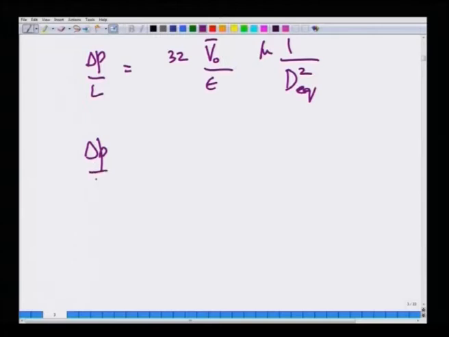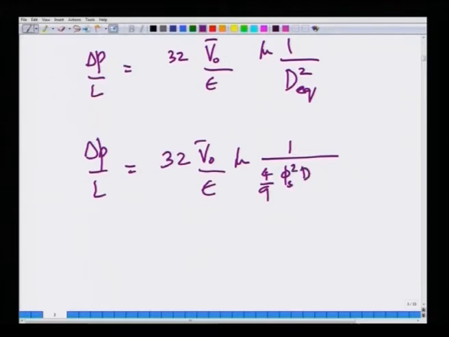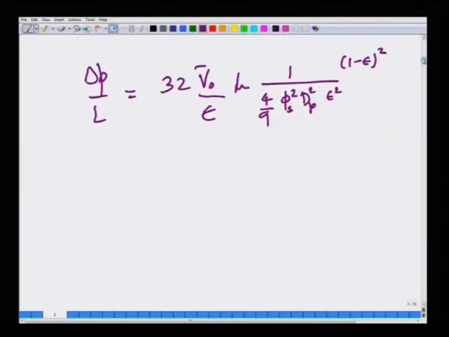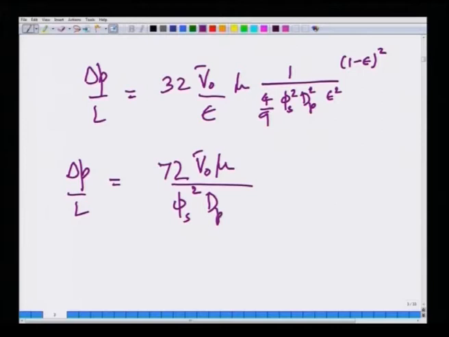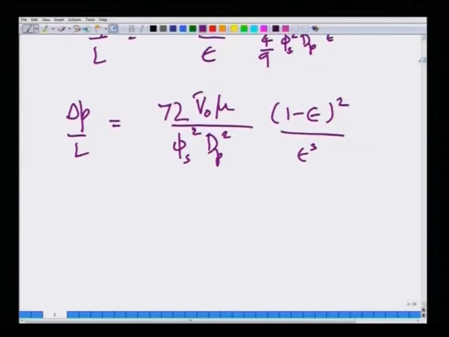So, delta P by L is nothing but 32 V naught by epsilon mu times 1 over 4/9 phi s squared dP squared epsilon squared by 1 minus epsilon whole squared. If I do the simplification, delta P by L is 72 V naught mu by phi s squared dP squared times 1 minus epsilon squared by epsilon cubed. So, this is what we have.